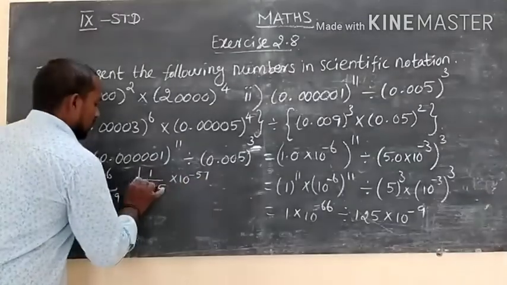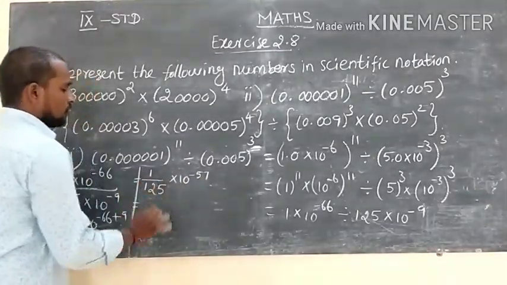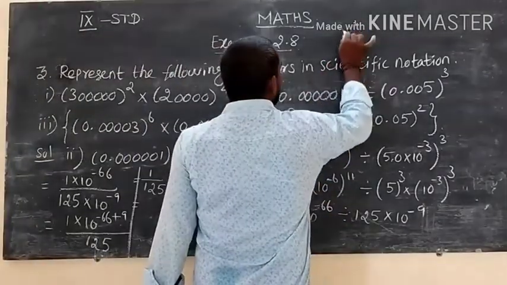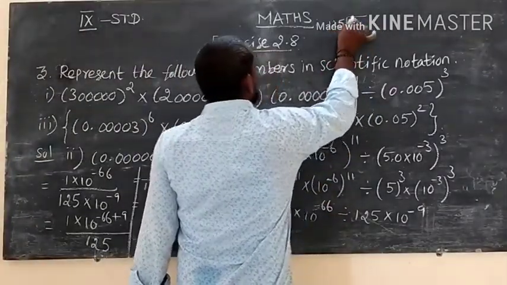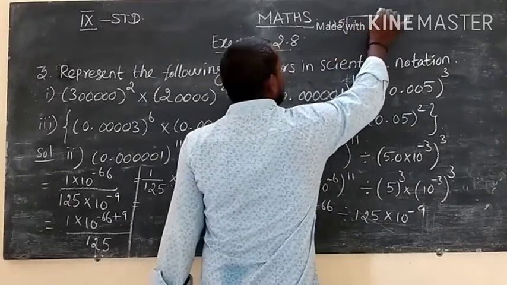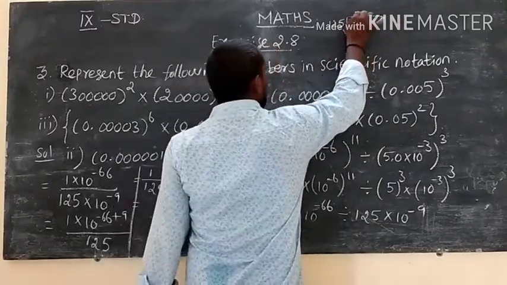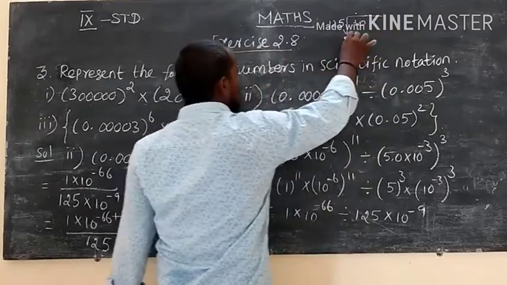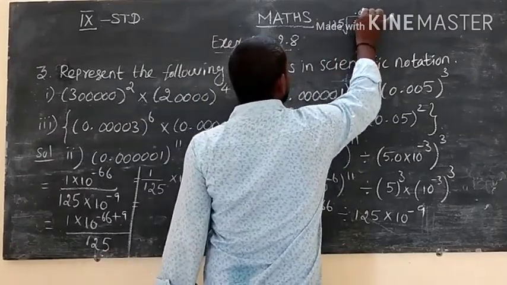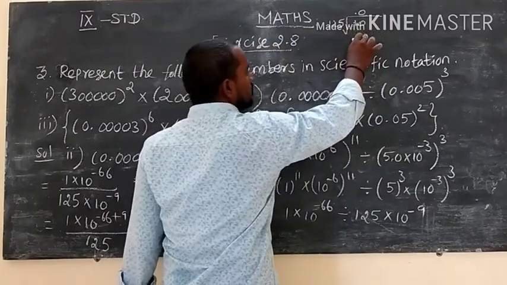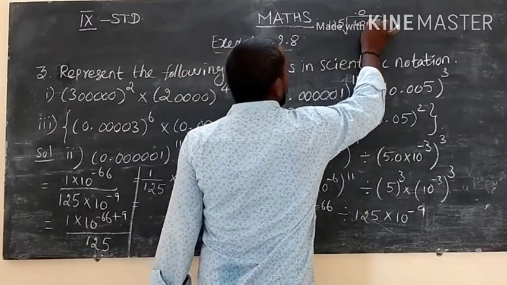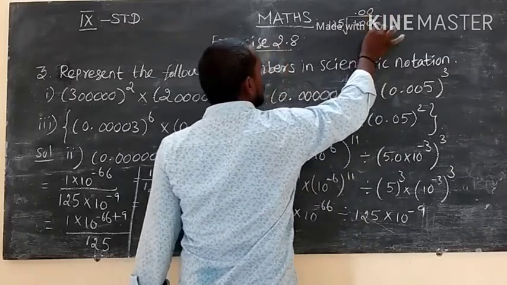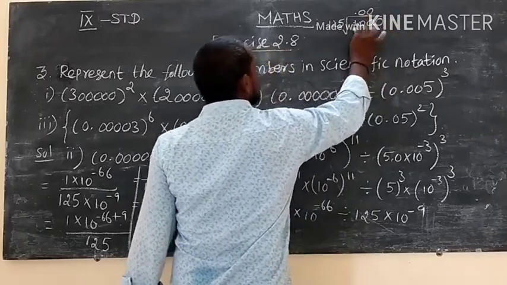So, first find out this answer. What is the value of 1 by 125? 1 divided by 125. This is not sufficient, so making the decimal point, add a 0. Then this is also not sufficient, so add another 0, and again another 0, until it is sufficient.